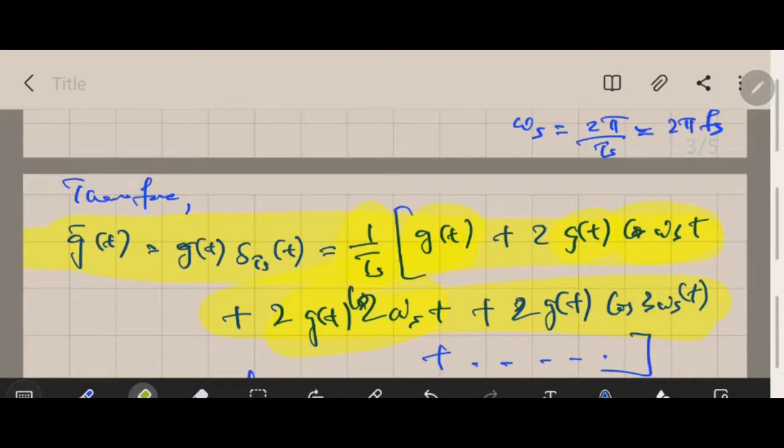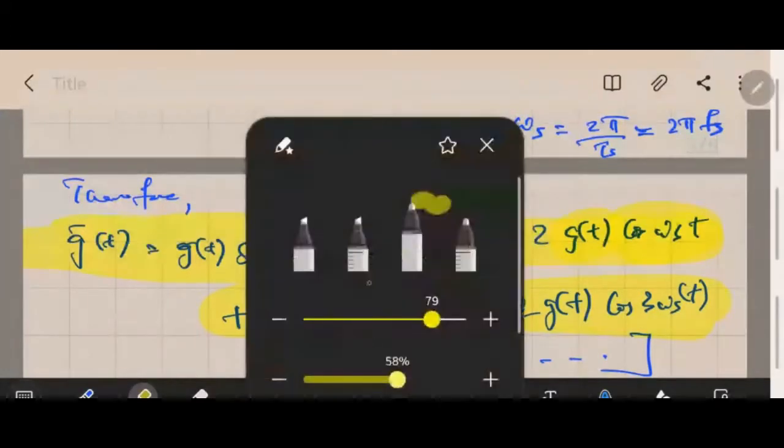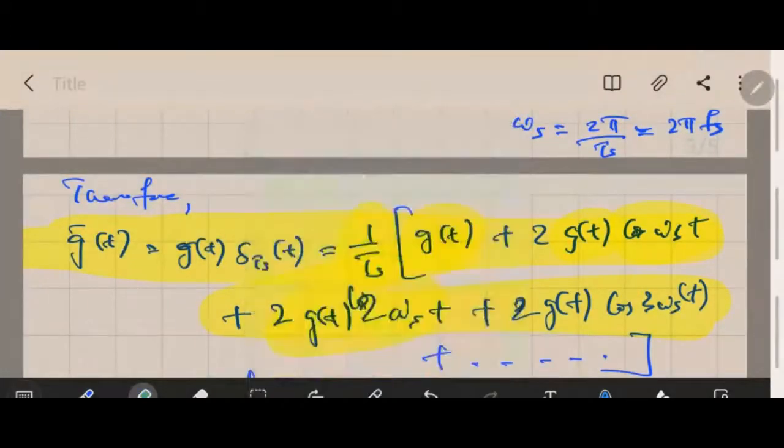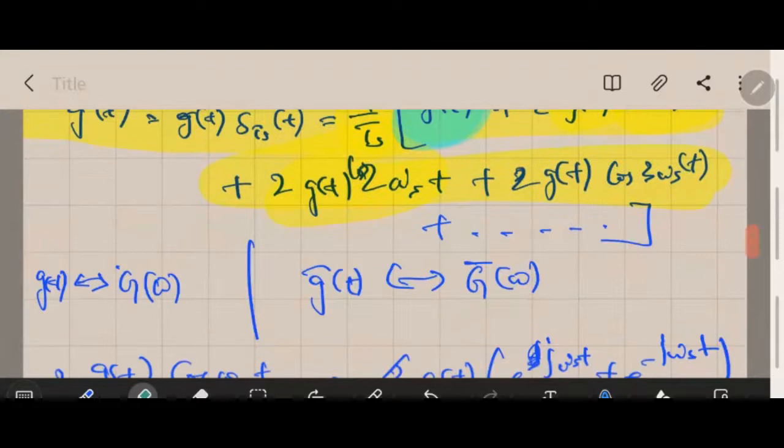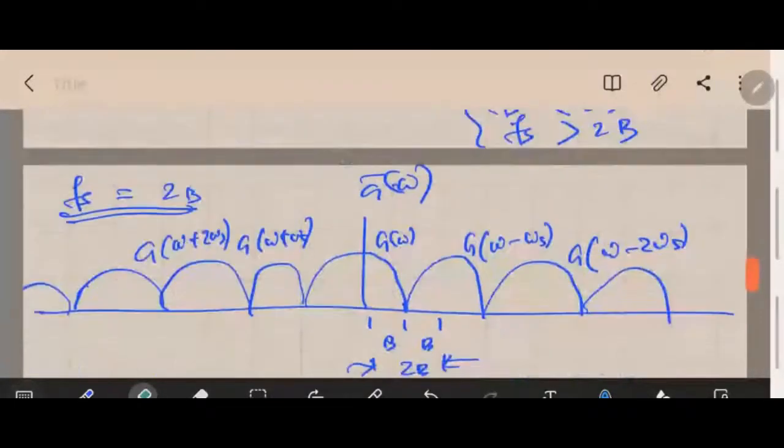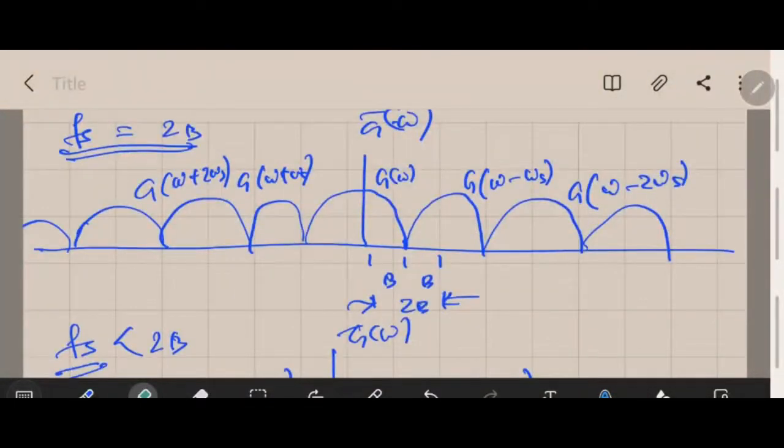g of t is the original signal that we want to recover, right? When g of t was sampled, we got this whole yellow highlighted signal. So when we reconstruct, our aim is to get back this g of t. In this spectra you can easily see which one it is. g of omega is the Fourier transform of g of t, so this is the signal we want to recover.